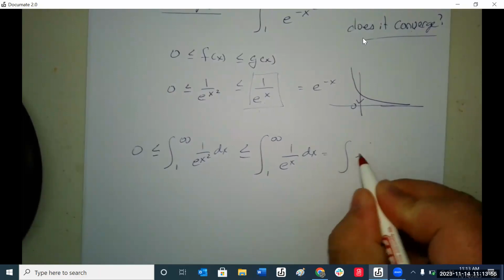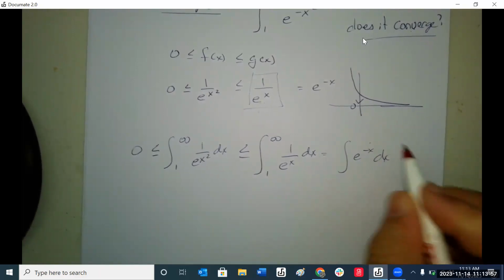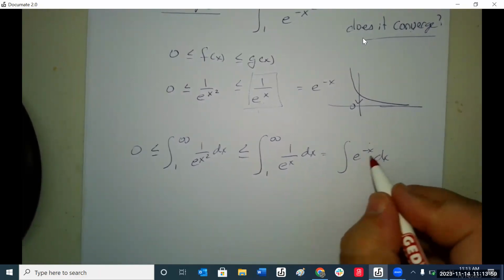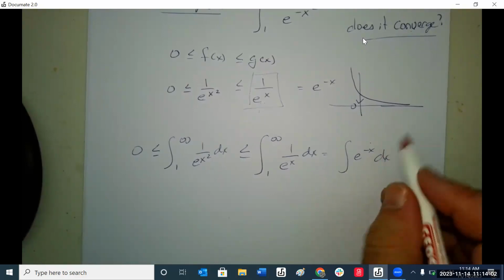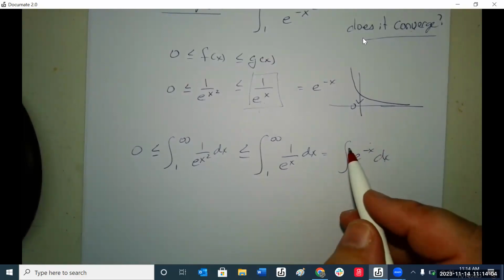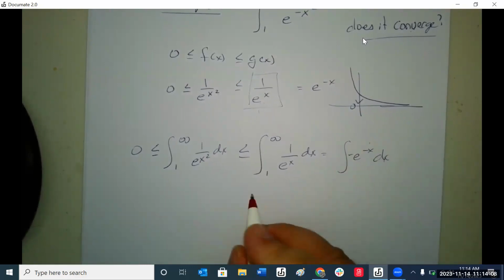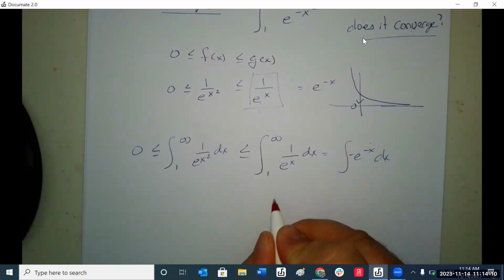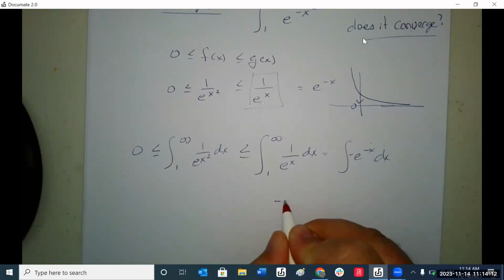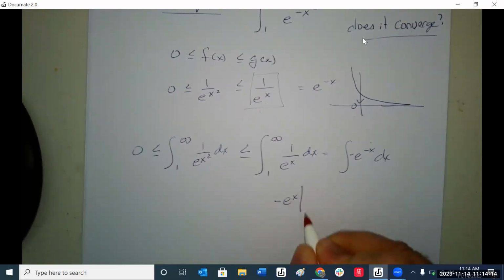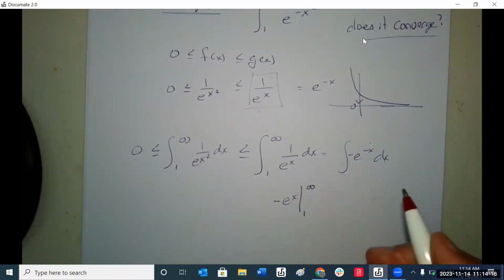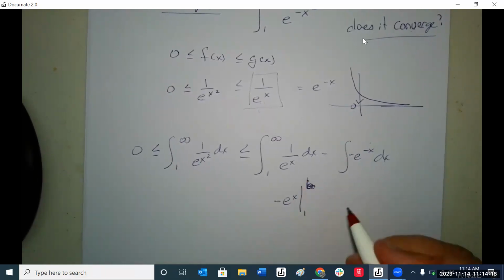This one becomes e to the negative x. The integral of this one becomes negative e to the negative x. So this is negative e to the negative x from 1 to infinity, or 1 to some value b.